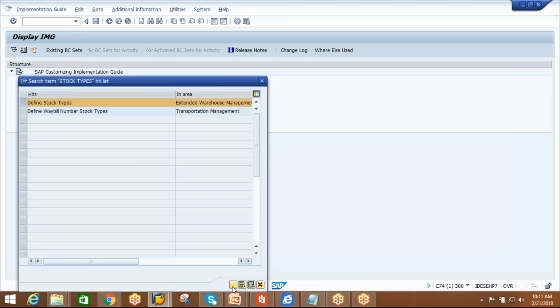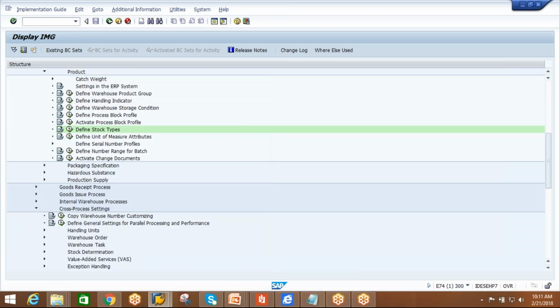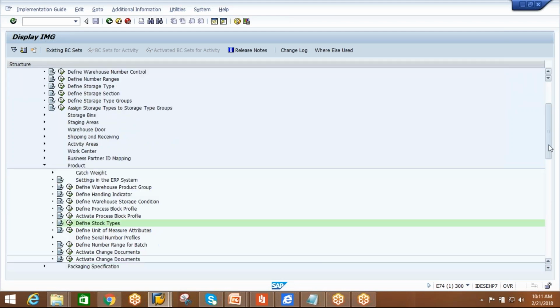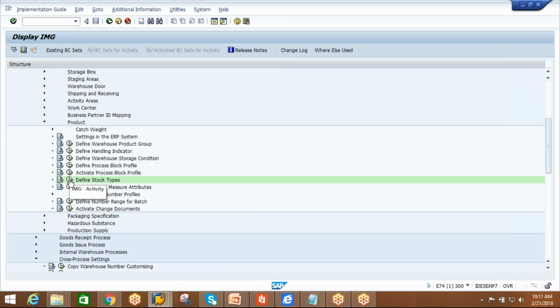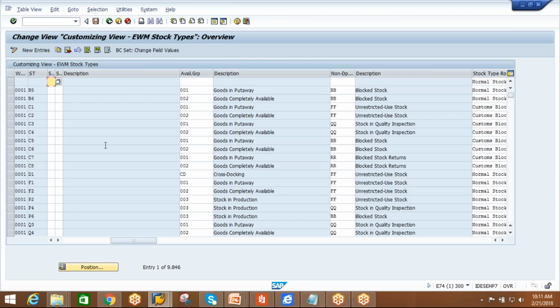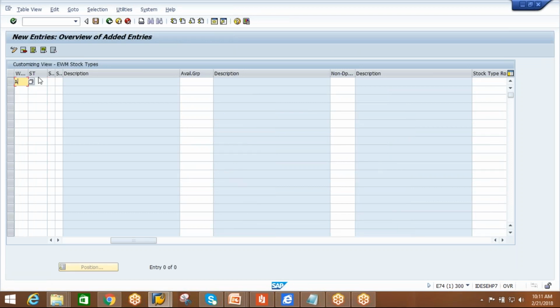Define stock types. It's under master data, product, stock types, define stock types. Go to here. Same. Here it came. Okay.